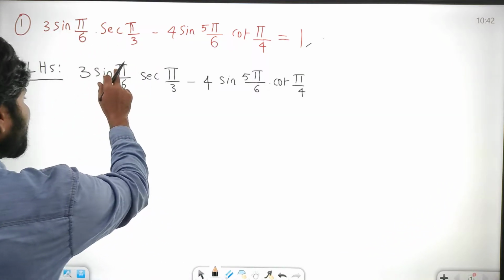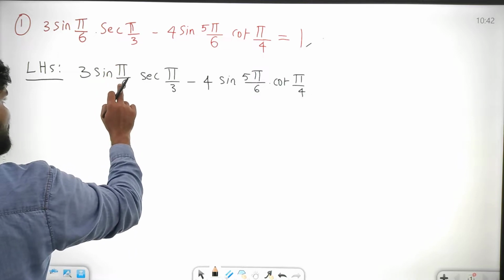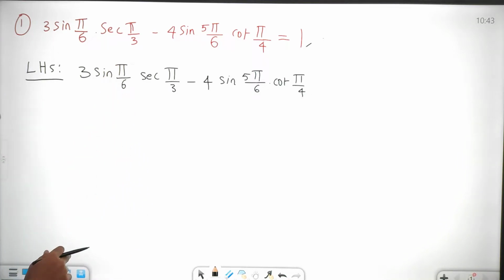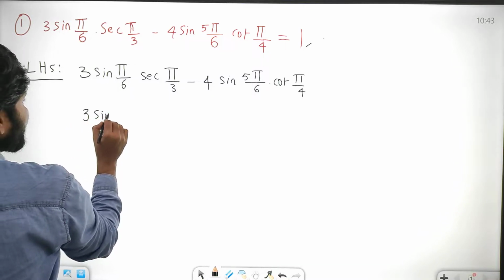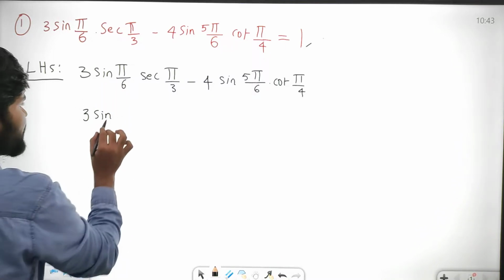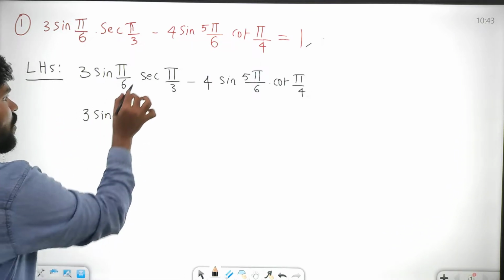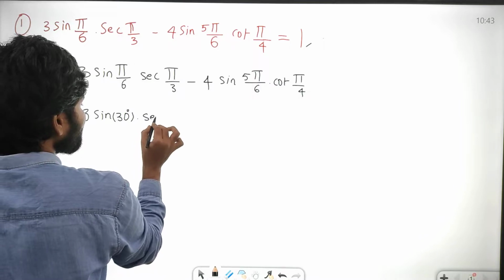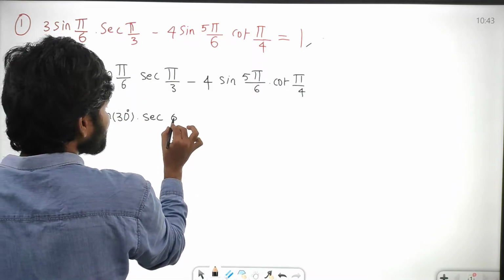So see here, I already explained that if pi by 6 is given, we need to convert into degrees. Just convert these values. 3 sine, what is pi by 6? Pi by 6 is nothing but 30 degrees. Secant, what is pi by 3? Pi by 3 is nothing but 60 degrees.